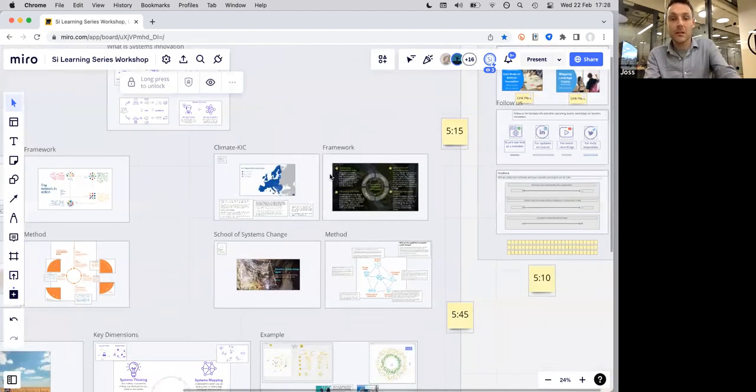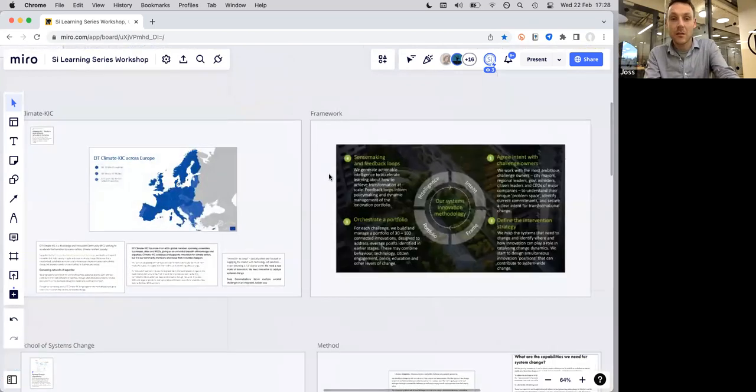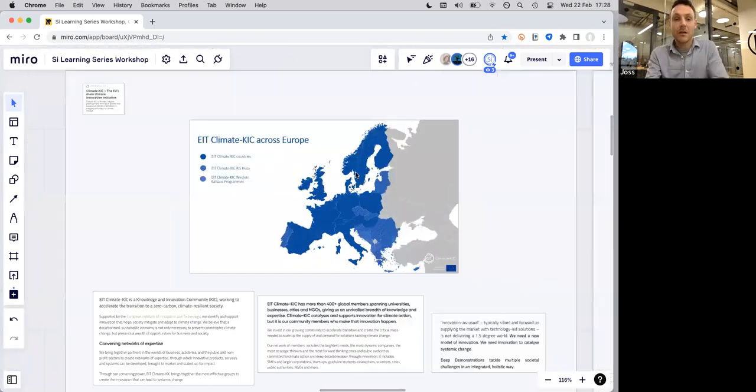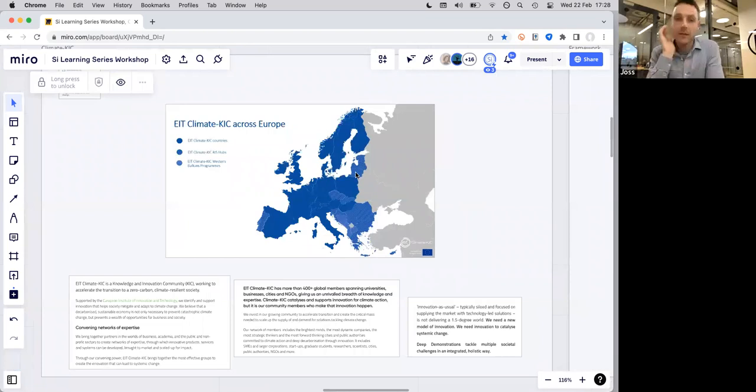Next one we'll look at is Climate Kick. Climate Kick is set up by the European Union's Institute of Technology as the largest innovation ecosystem in Europe for addressing climate change. And it's probably the largest organization explicitly taking a systems innovation approach.